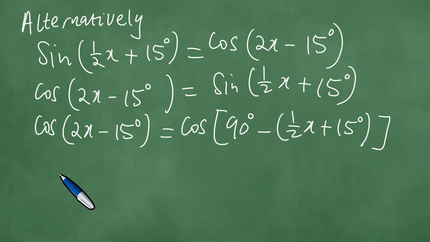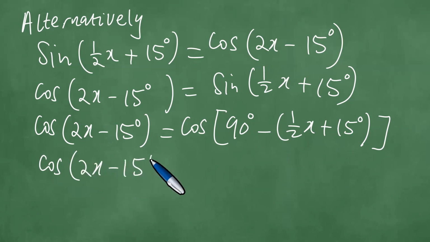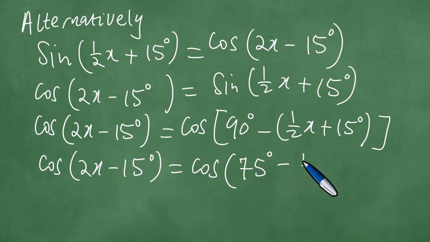So what is this? This is the same as the cosine of twice x minus 15 degrees. Is exactly the same as what? This is exactly the same as the cosine of 90 degrees minus 15. So 90 minus 15 gives 75. So that's 75 degrees minus 1/2 x, like so.